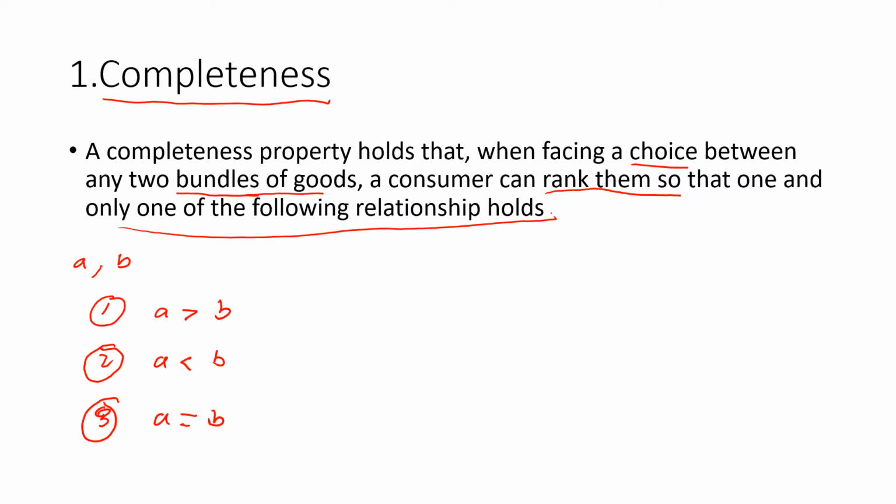So any one of these three must hold. That is, he should either prefer the first bundle to the second one, or the second one to the first one, or treat them equally. There is no other option than these three.